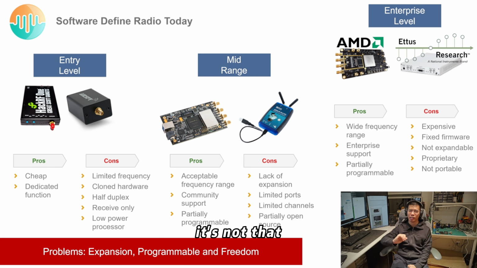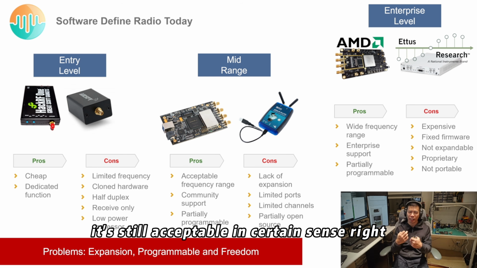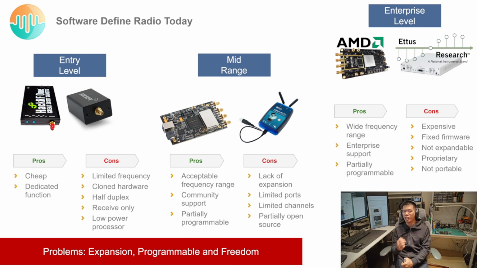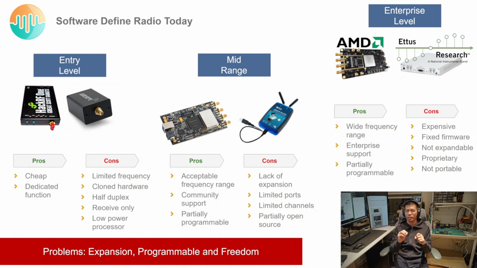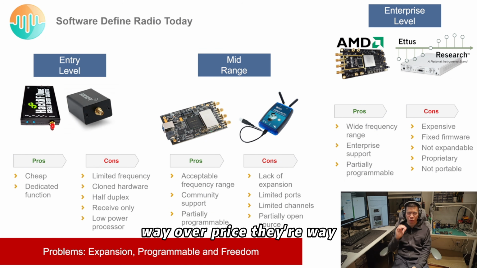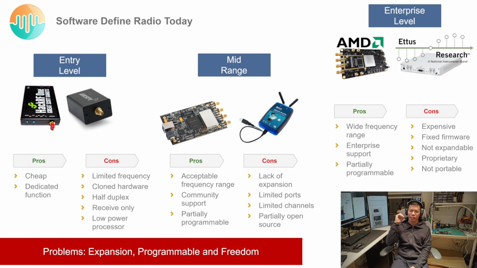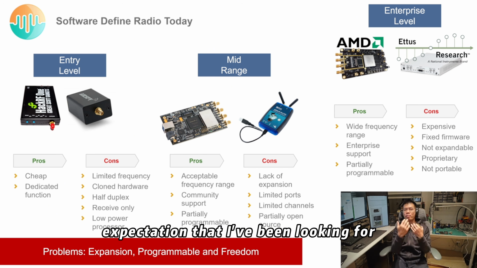It's not that customizable, it's not that programmable, but it's still acceptable in a certain sense, right? But the thing that really makes me not too happy is the price. They are way overpriced. The price doesn't match the expectation that I've been looking for.